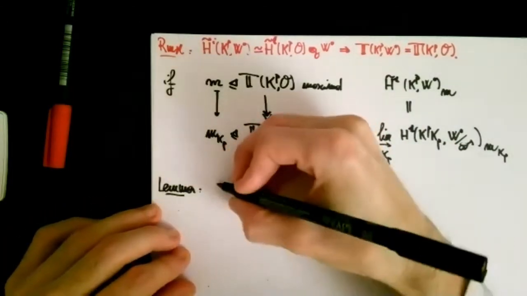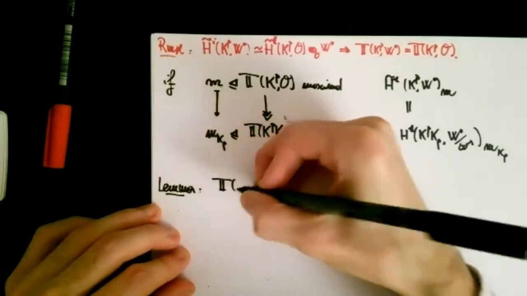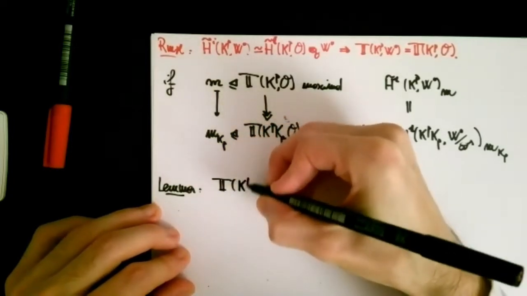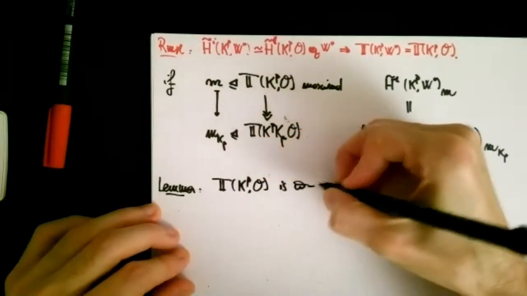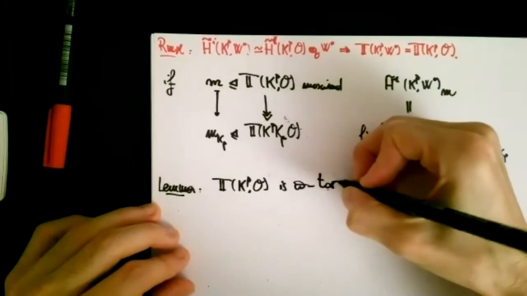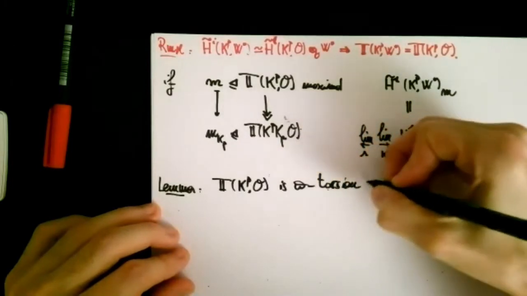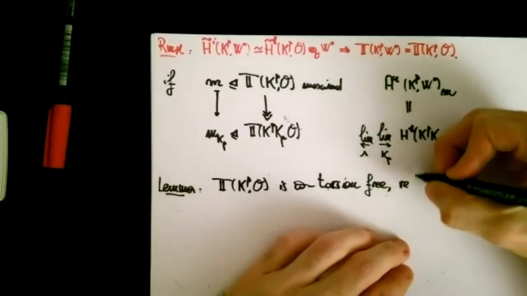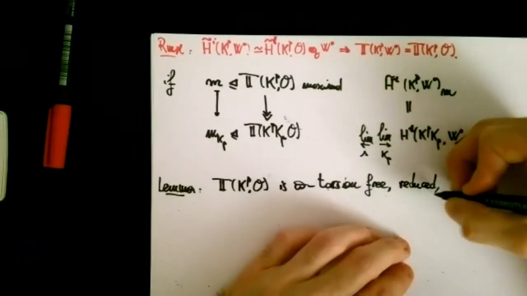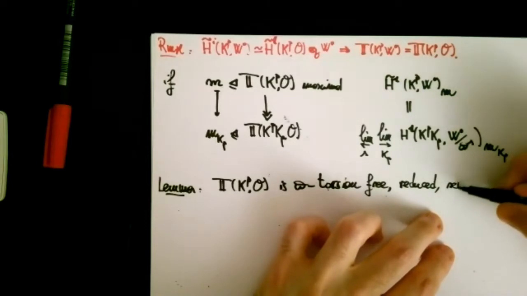So the lemma is the following: the Hecke algebra T^{K^P}(O) is pi torsion free, it is reduced, and it is semi-local.